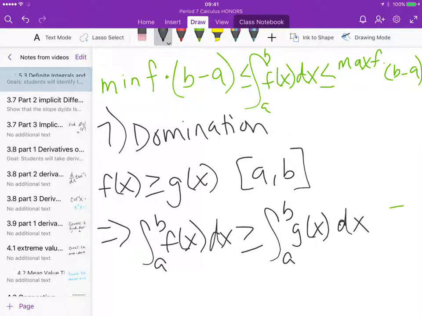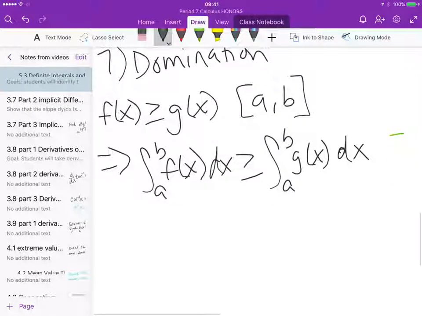Okay? So again, this is just kind of common sense. If f is bigger than g, then the area under that curve of f should be bigger than that exact same interval under g. It takes it just one little step further in case something happens like this.